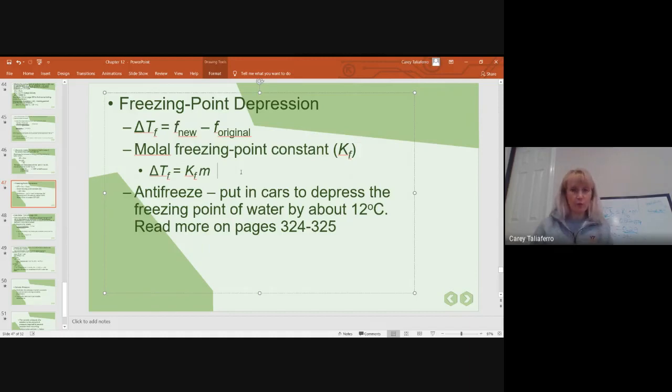Which one do you think might have the greater effect? Calcium chloride, which has a formula of CaCl2, or sodium chloride, which as you know now is NaCl. Which one do you think might have a greater effect on lowering that freezing point? What do you think?